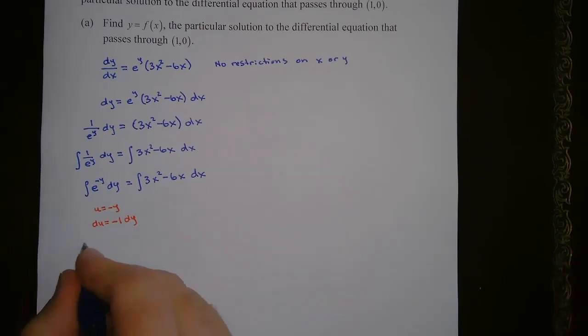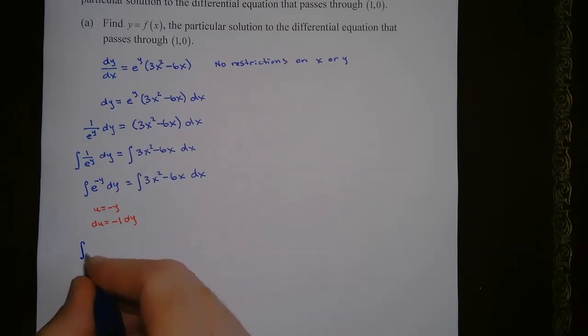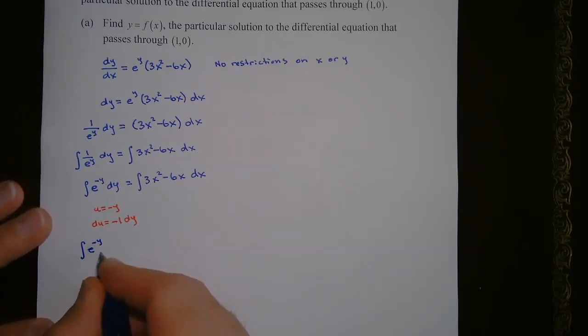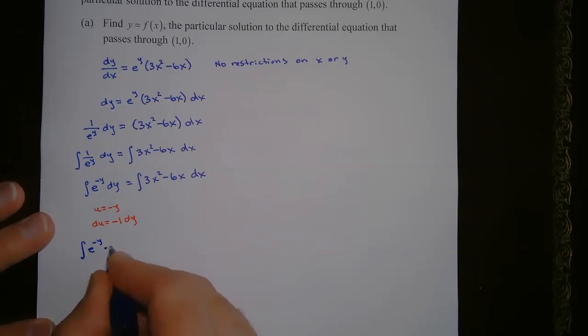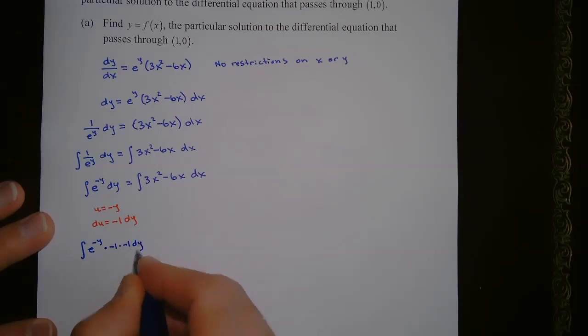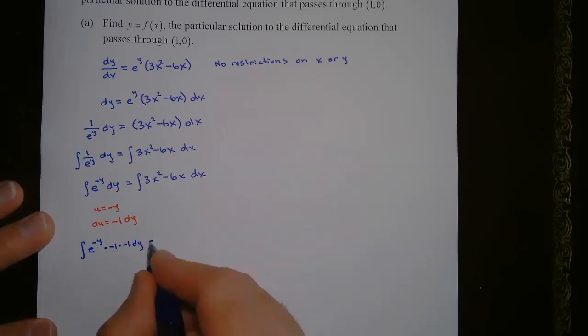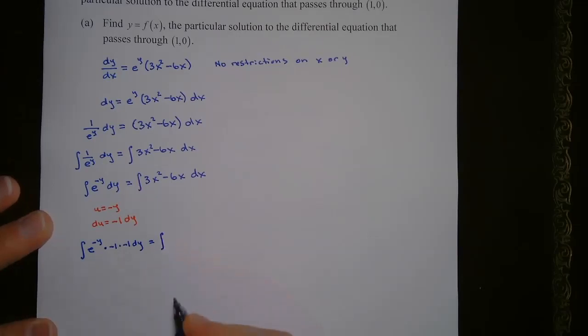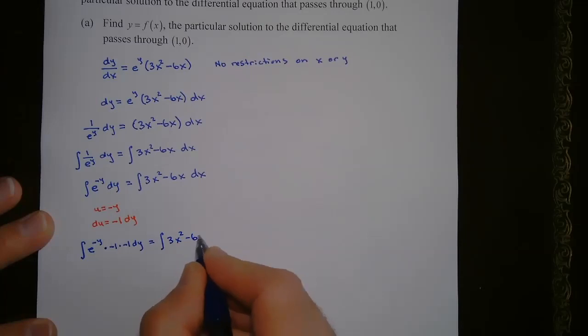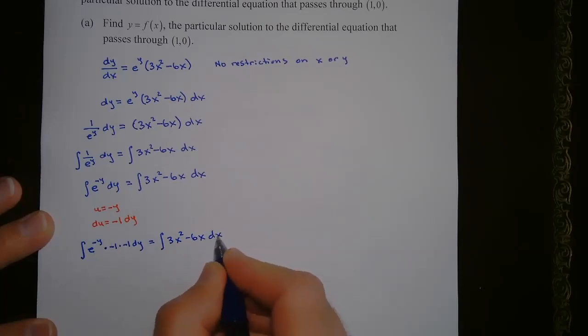Okay, so this becomes the integral of e to the negative y times negative 1 times negative 1 dy, and that's going to be equal to the integral of 3x squared minus 6x dx.